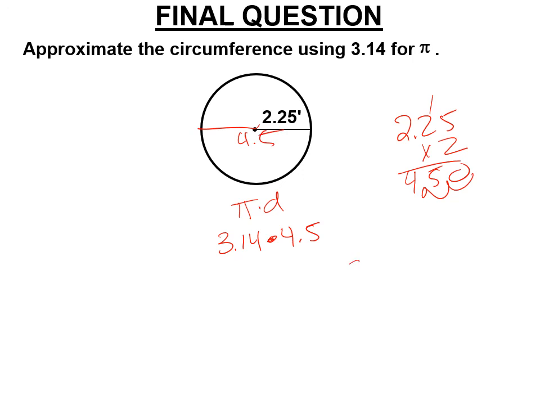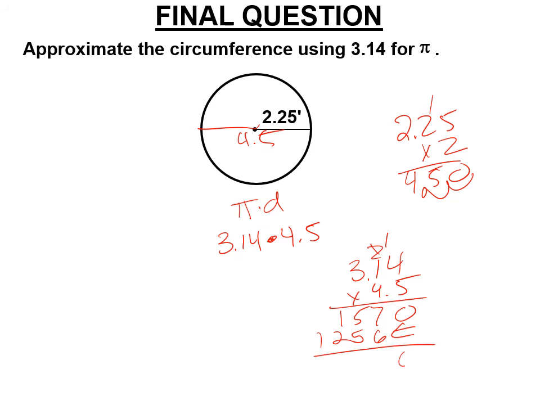Okay, so 3.14 times 4.5. 5 times 4 is 20. And then you got a 7 and a 15. 4 times 4 is 16. 4 times 1 is 4 plus 1 is 5. 4 times 3 is 12. And there's 1, 2, 3 numbers to the right, so it's around 14.13.